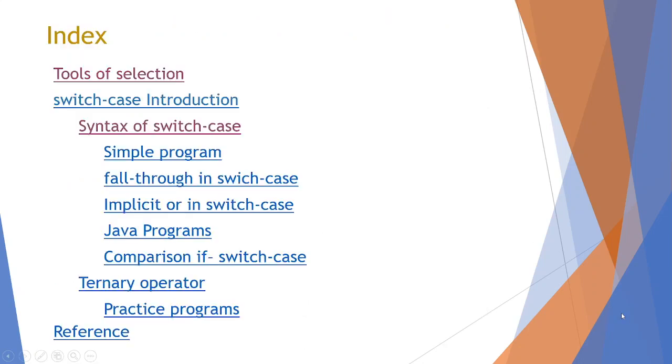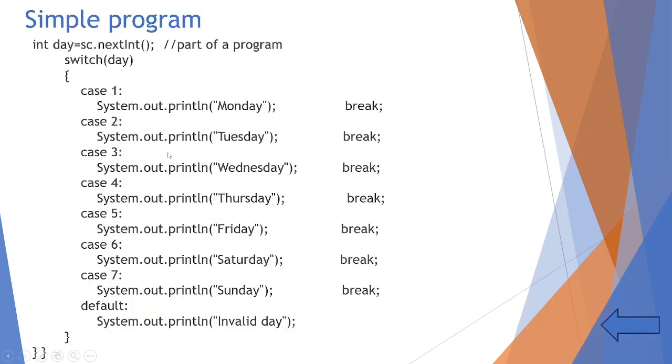Let's see a simple program now. Let's assume day is being taken as an input. It is a part of the program; the full program is not mentioned here. Now switch day. Day is the variable. We are expecting possible values 1 to 7 because there are 7 days in a week.